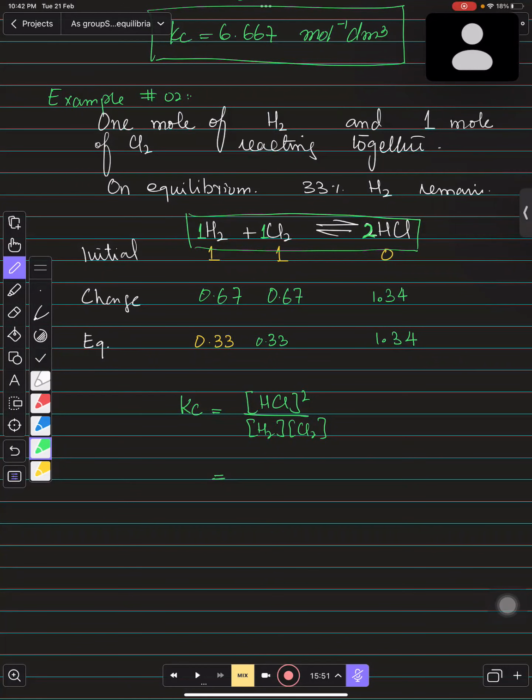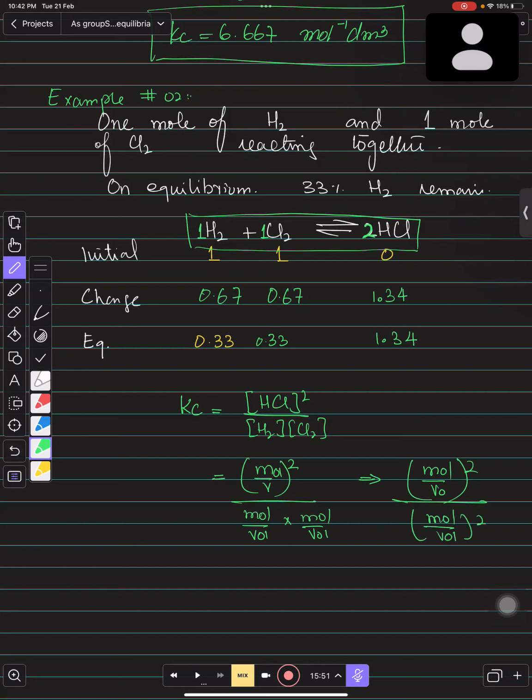So we can write like this: moles over volume का स्क्वायर, और नीचे भी हम लिख सकते हैं moles over volume into moles over volume. ये लिख सकते हैं ना बच्चों हम. And you can see this, नीचे वाले को मैं इस तरह भी लिख सकता हूँ moles over volume का स्क्वायर, और नीचे वाले को भी मैं इसी तरह लिख सकता हूँ moles over volume का स्क्वायर.